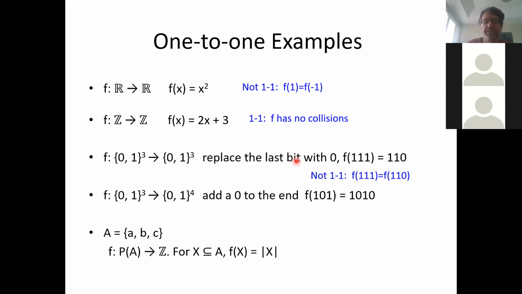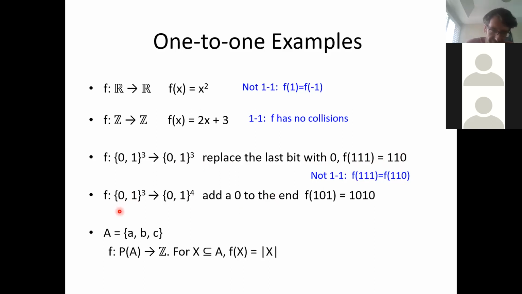No, it's a different function. And yes, you're completely right. This function, as written here, just zeroes out the last bit, and obviously it has collisions, right? These two bit strings will have this value, right?